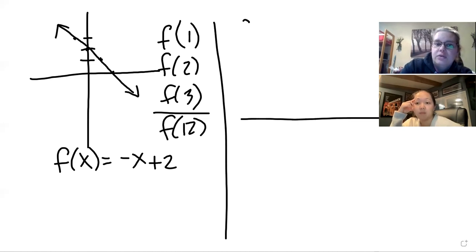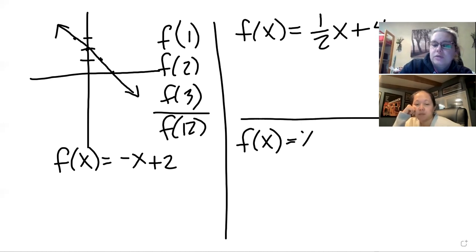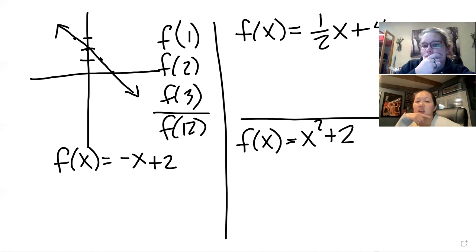We could have a group that goes 1/2 x plus 4, and we could have a group that goes x squared plus 2.